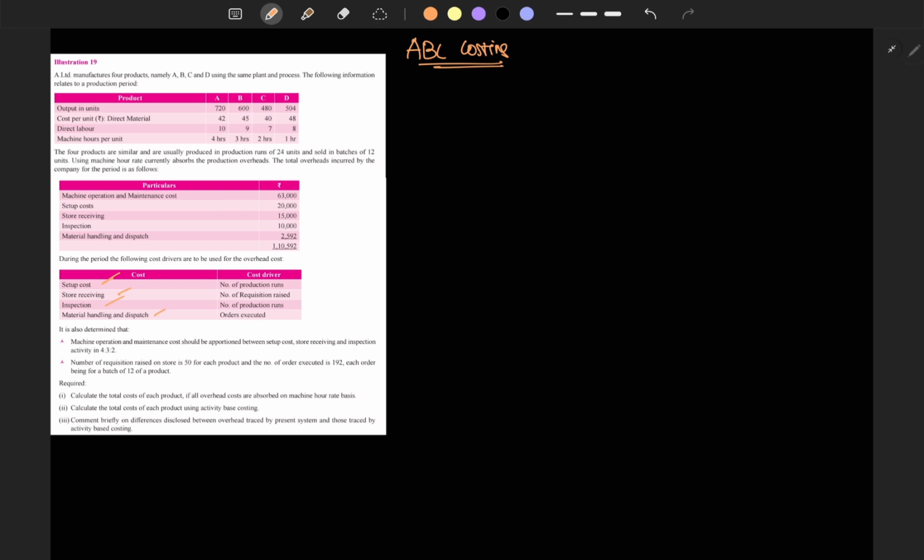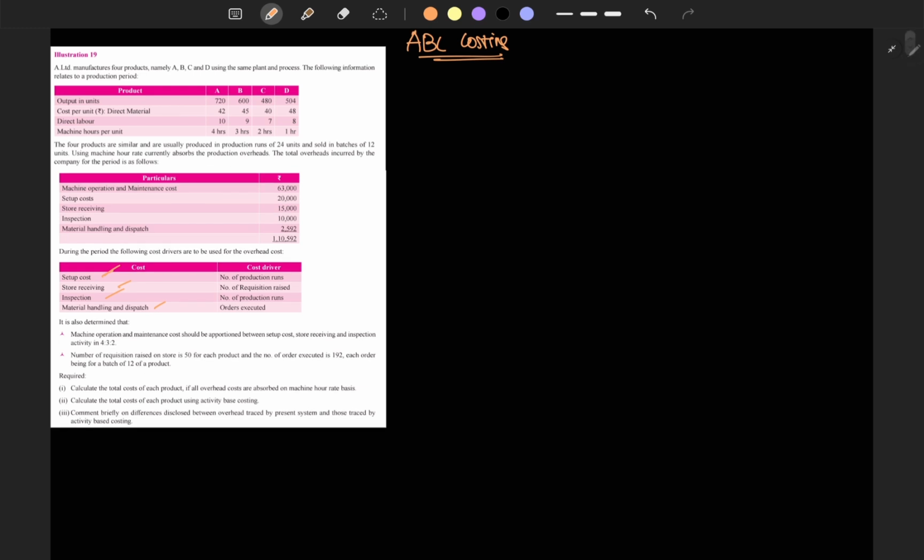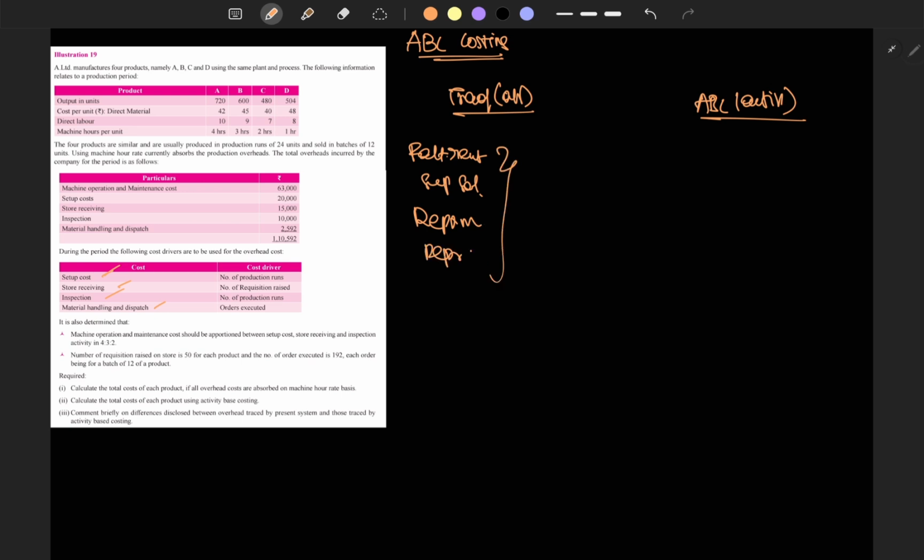To show this simply, let's take traditional, which is absorption costing, and ABC, which is activity based. We have a set of overheads like factory rent, supervisor salary, repair and maintenance, depreciation, the kind of overheads we have in our factory.